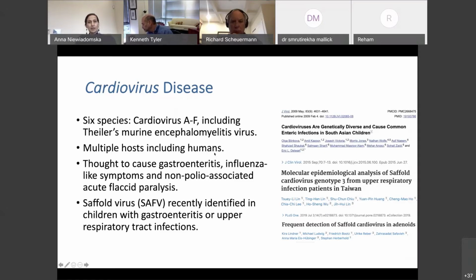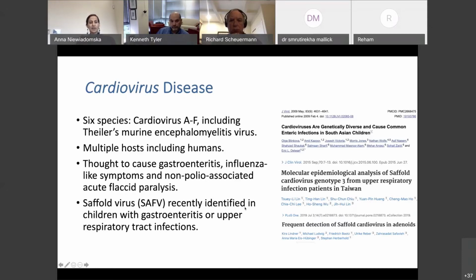And in general, like a lot of these different Picornaviridae, they can cause mild symptoms in most, such as gastroenteritis or flu-like symptoms, but occasionally they can cause or are thought to cause non-polio-associated acute flaccid paralysis.